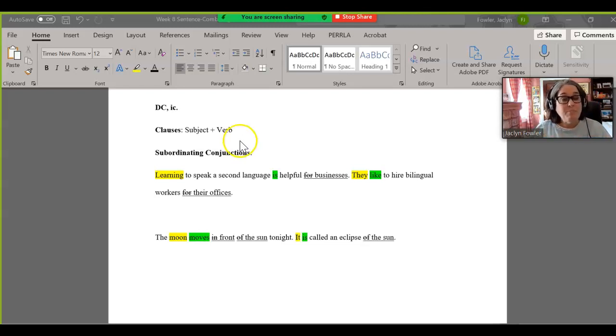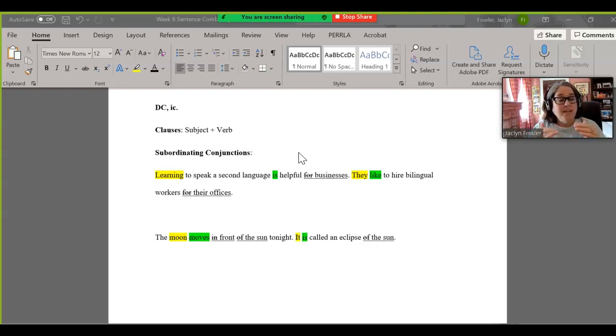And dependent clauses happen when we add subordinating conjunctions to the front of an independent clause. So a subordinating conjunction is a conjunction, so it brings things together. But like a submarine, a subordinating conjunction makes one side less important.